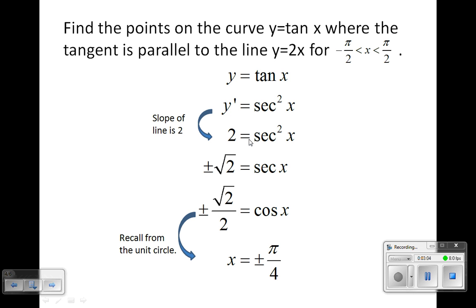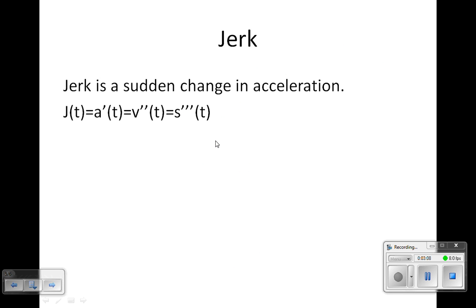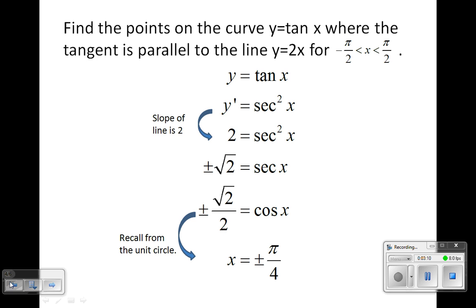So when we have it equal to 2, I want secant squared of x to equal 2. If I square root both sides, I get plus or minus root 2 is secant x. And then if I take reciprocals of both sides, reciprocal of secant is cosine, and reciprocal of root 2 is root 2 over 2.